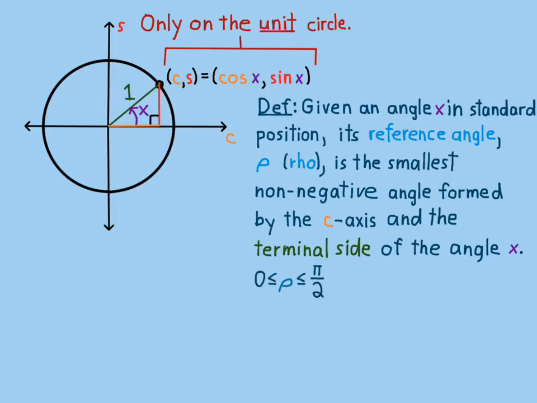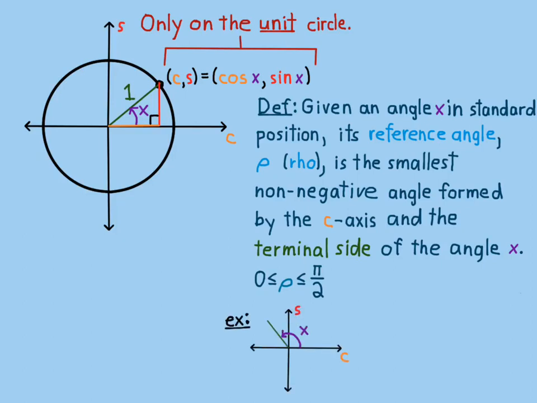So rho is always an acute, well, it's either an acute angle between 0 and pi over 2, or it's 0 or pi over 2, right? Remember, acute doesn't include 0 or pi over 2. So rho is greater than or equal to 0 and less than or equal to pi over 2.